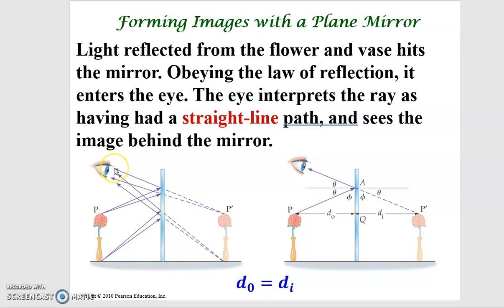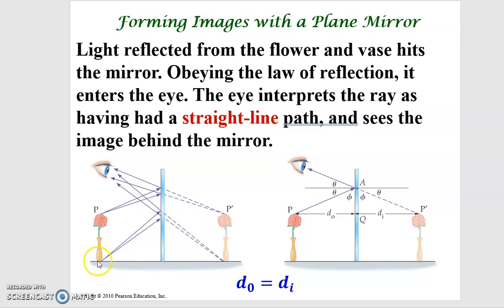If you trace the reflected light backward, these two rays intersect at one point, P prime. This is where the image of the flower is formed. The eyes automatically produce an image, or you can say an illusion, in their own minds, telling you the image is formed here, by tracing the reflected light backward. They don't know whether the light was reflected or not.